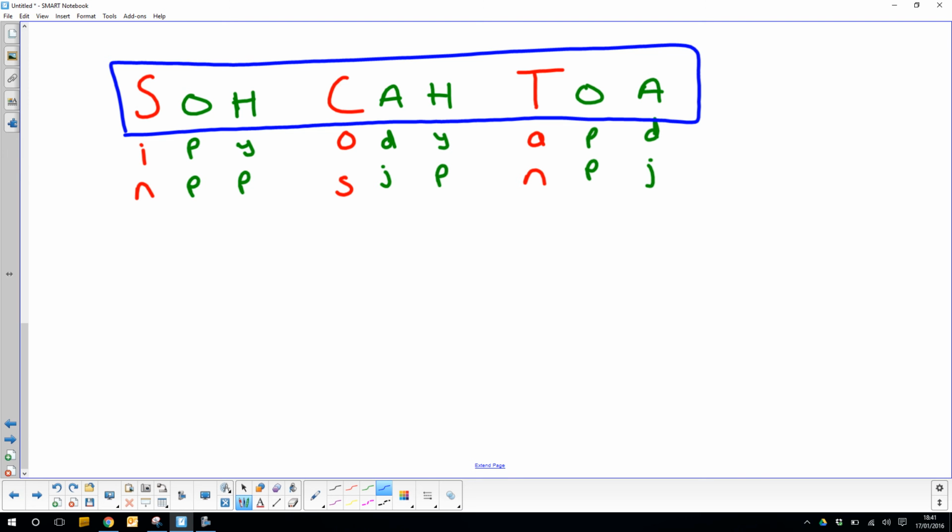Should old Henry catch a herring trawling off America? That's another one. There are others that maybe I will not record here and now. You could come up with your own. But you need to find some way of remembering SOHCAHTOA, because that will allow you to remember which of sine, cos and tan, which side goes with which.